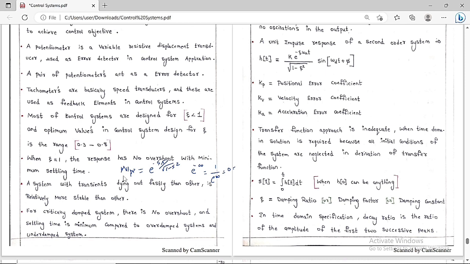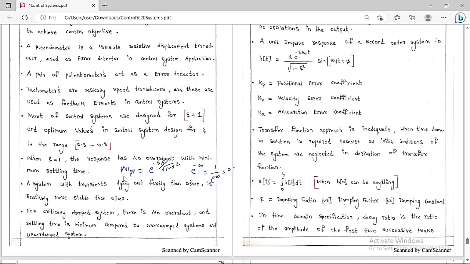There is no peak overshoot, so the peak overshoot is equal to 0, and the settling time is also minimum compared to the overdamped case as well as the underdamped case. So this point you always have to keep in mind.